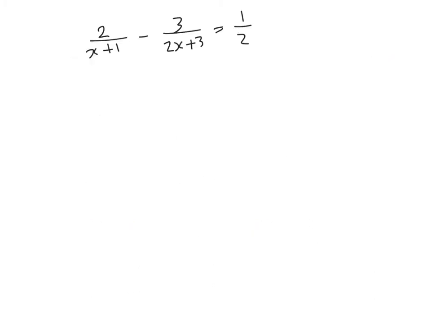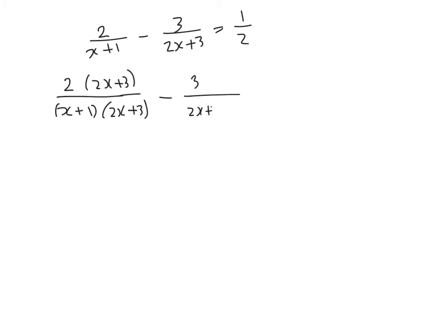We'll just do one more example. The method's the same. We need to get a common denominator. So the first fraction will have to have 2x plus 3 in the denominator, so multiply numerator and denominator by 2x plus 3. The second one has the 2x plus 3. To be common, it'll need to have the x plus 1, so multiply numerator and denominator by x plus 1.